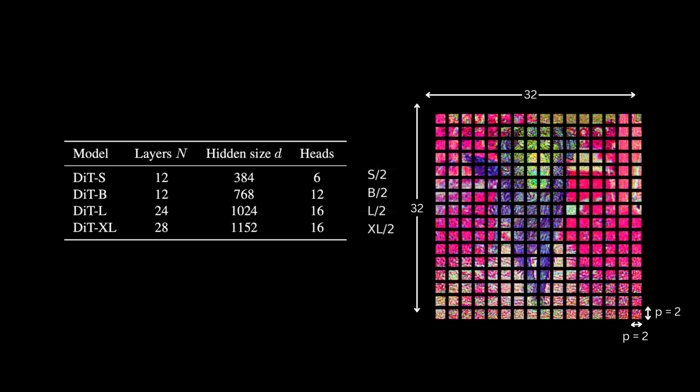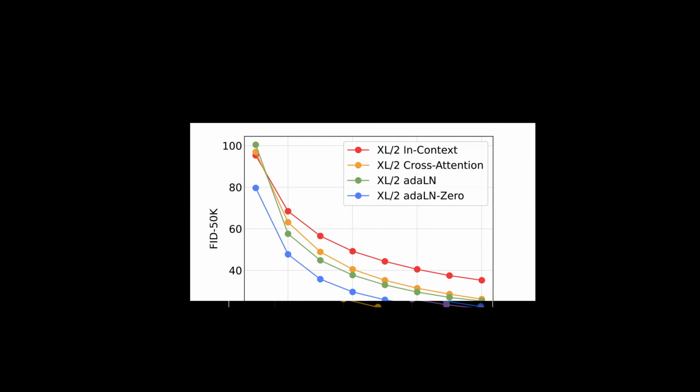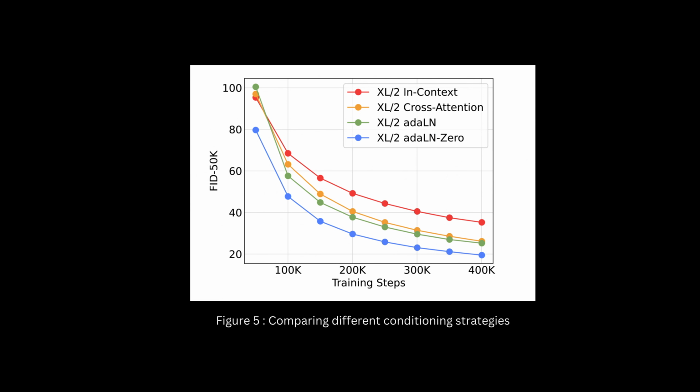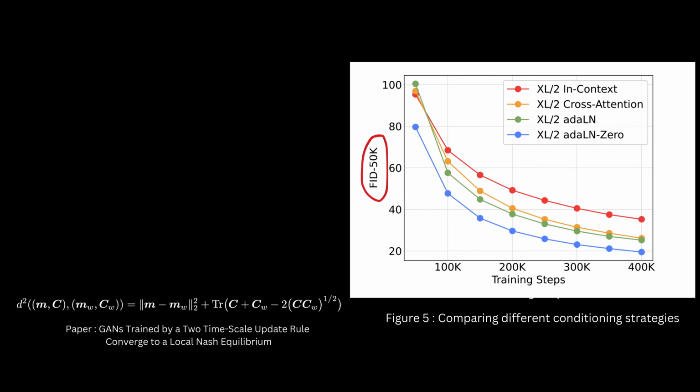To compare different conditioning design choices, the authors train the DiT XL model with patch size of 2, with all these 4 block designs. And to compare the performance, they use FID 50K metric. So what's this FID? Well, this is a metric commonly used to compare generated image quality and was proposed in one of the earlier GAN papers.